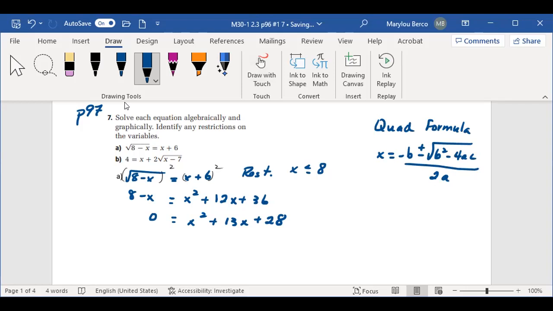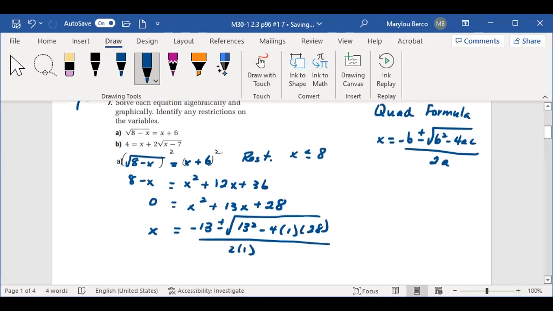That will be on your diploma formula sheet. So if we take a look, we have x equals negative 13 plus or minus the square root of 13 squared minus 4 by 1 by 28 all over 2 by 1.